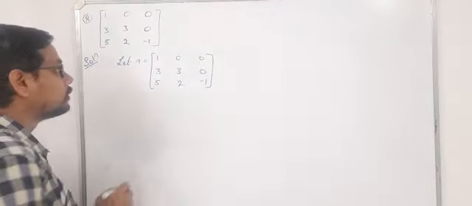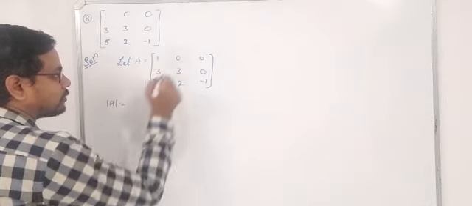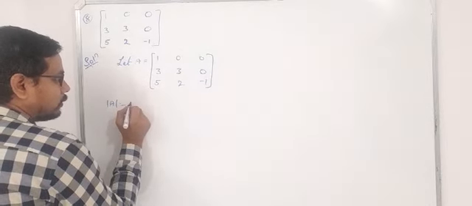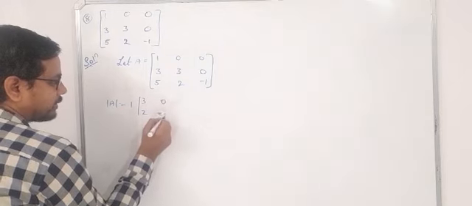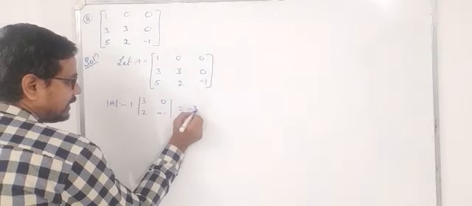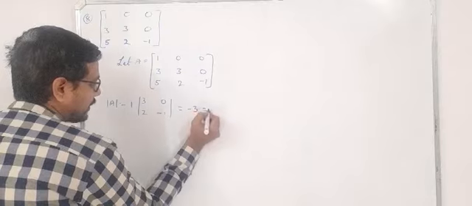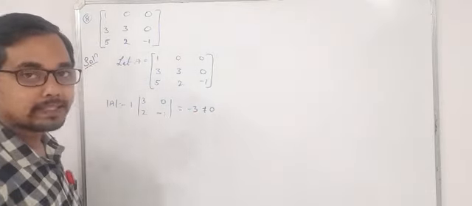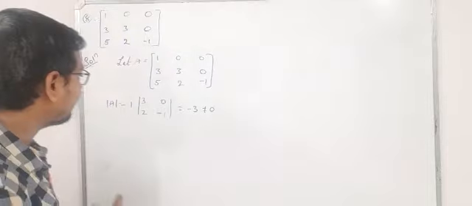Now the determinant of A, let us solve it along the first row: 1 into (3 into minus 1 minus 0 into 2). So 3 into 1 is minus 3, minus 0 is minus 3. So the determinant value is minus 3 and is not equal to 0. So definitely there exists an inverse for this particular matrix.